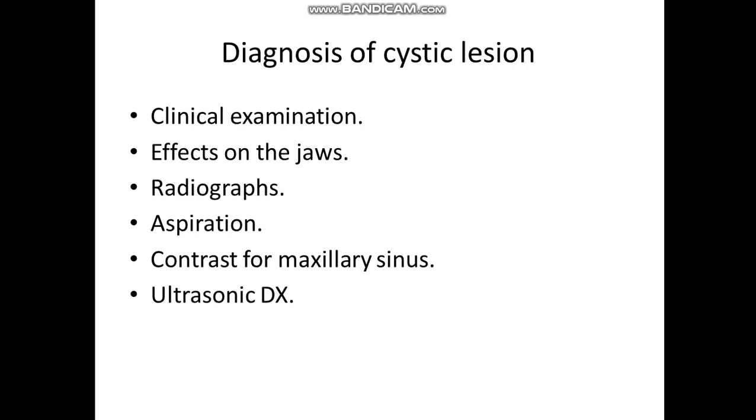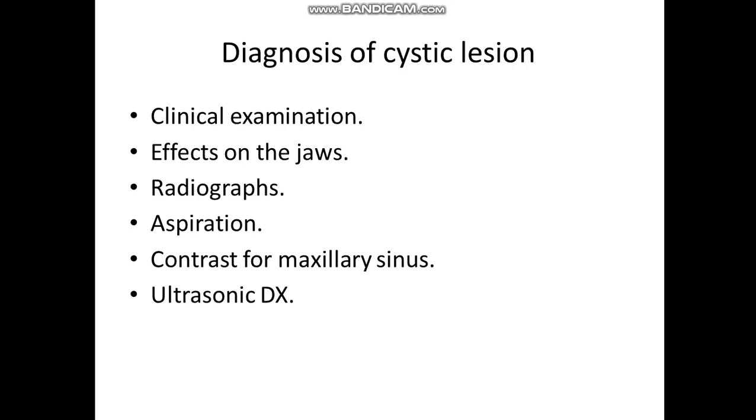By the way, through clinical examination, by tapping on the swelling, we can hear eggshell cracking. Eggshell cracking indicates this is a cystic lesion. So this feature might also help during clinical examination. So ultrasonic, as the last point, could be used for soft tissue cystic lesions, for example in the case of ranula or mucocele.